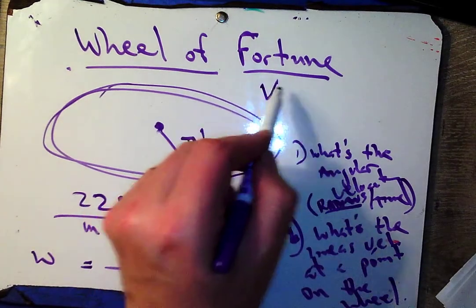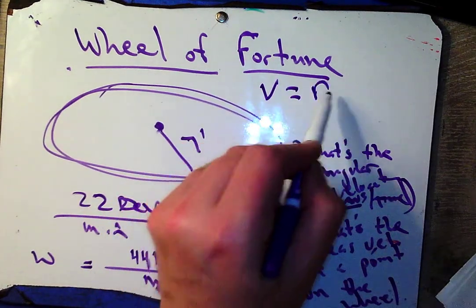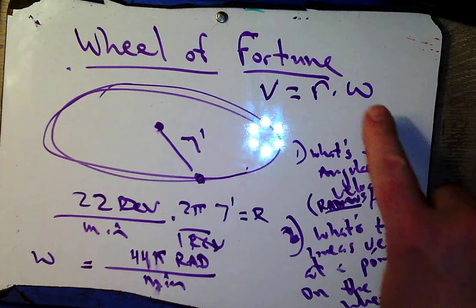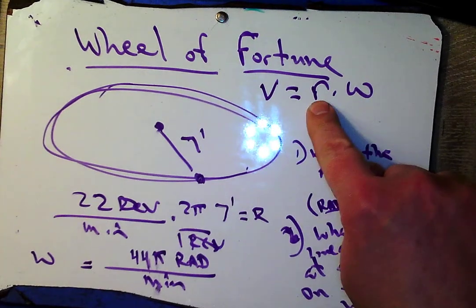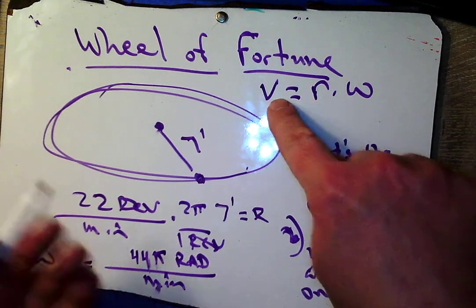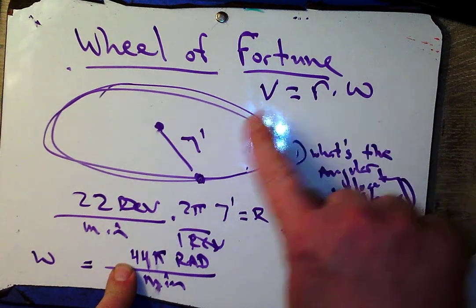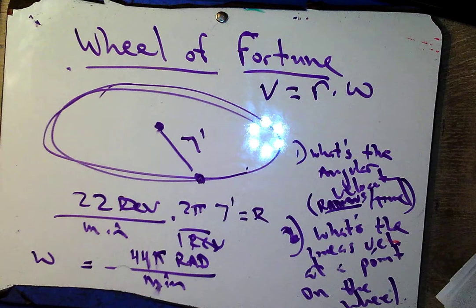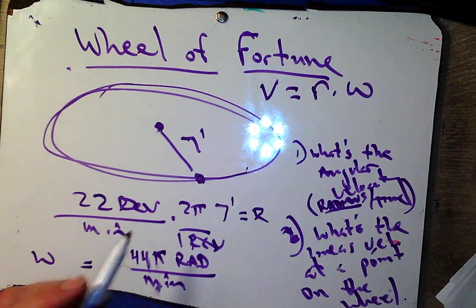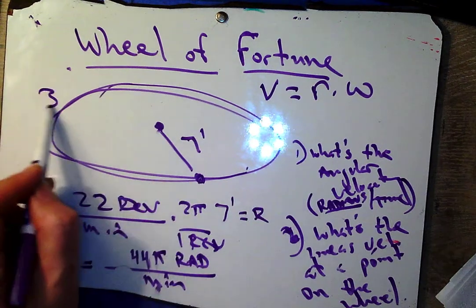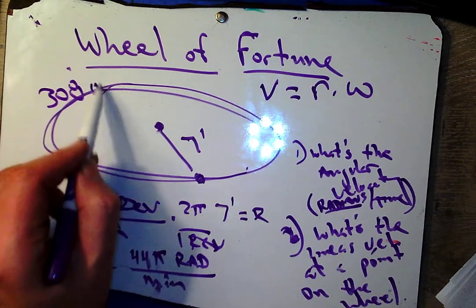And do you remember how we go from angular velocity to linear velocity? That's right. We had a formula, v equals r times omega. If I take the angular velocity and multiply by the radius, I'm going to get the linear velocity. So I'm just going to take 44 pi and multiply by the radius 7. 7 times 44, and we get 308 pi.